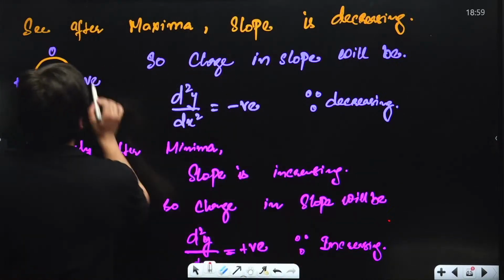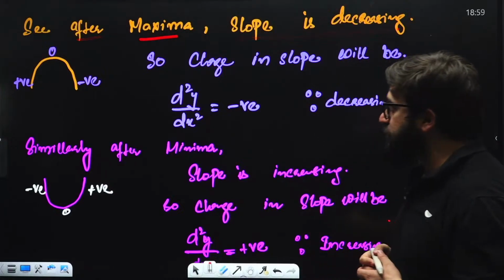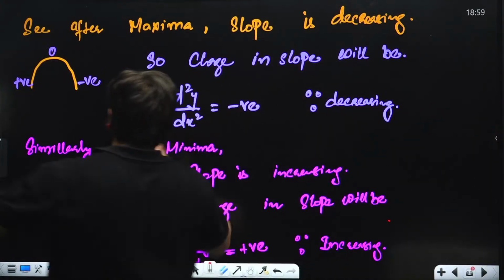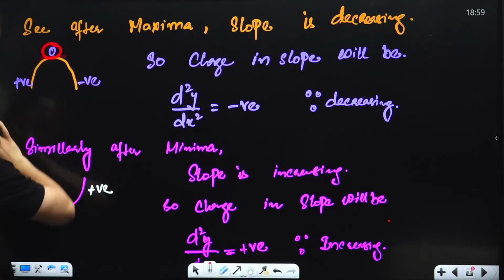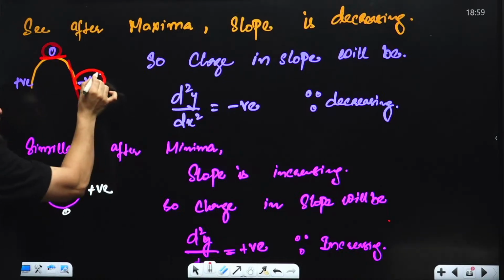Here it is mentioned that after maxima, we say slope is decreasing. When it comes to this point, slope is 0. Can you tell me what is the value of slope at this point? It is negative.